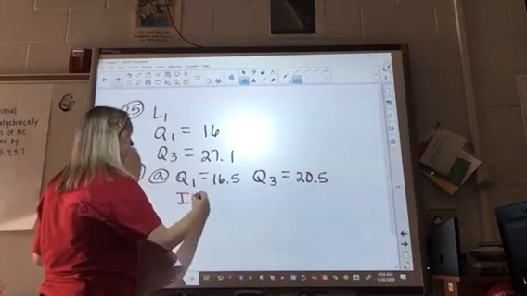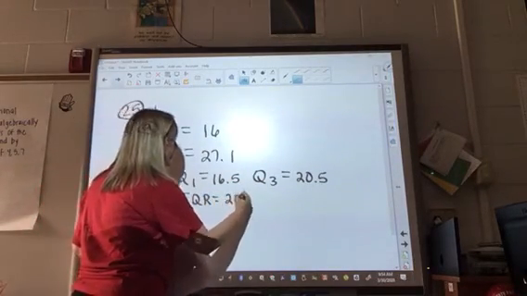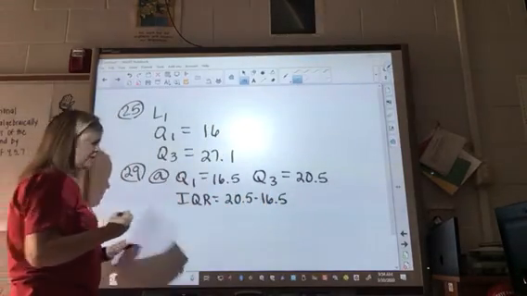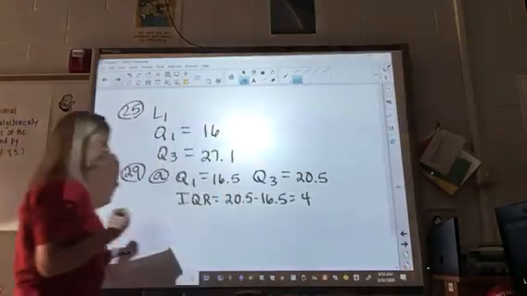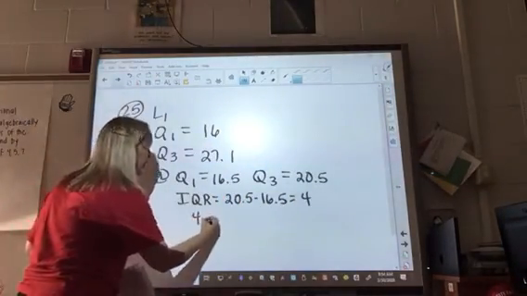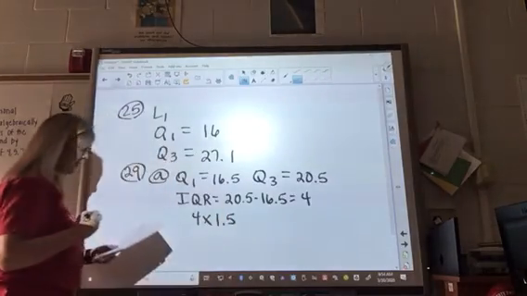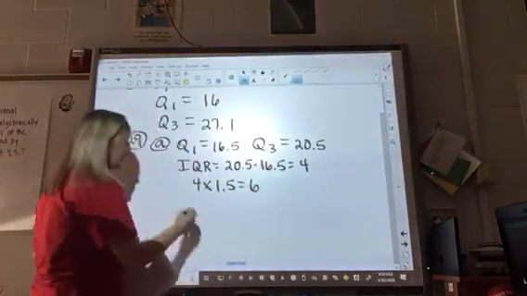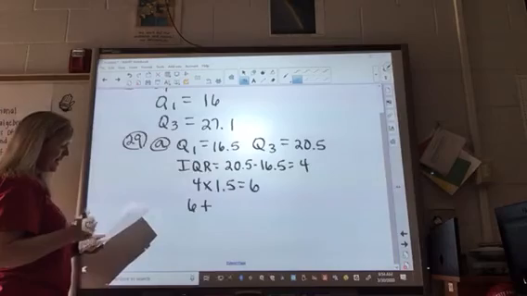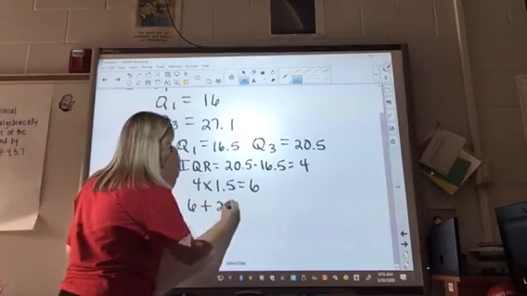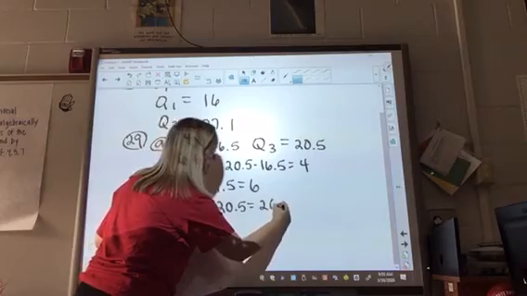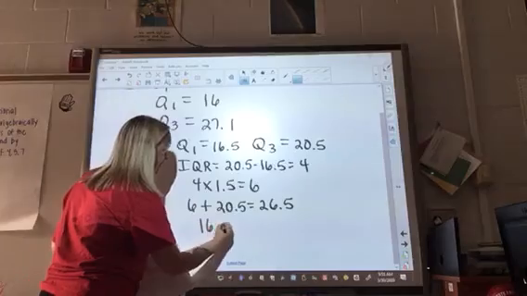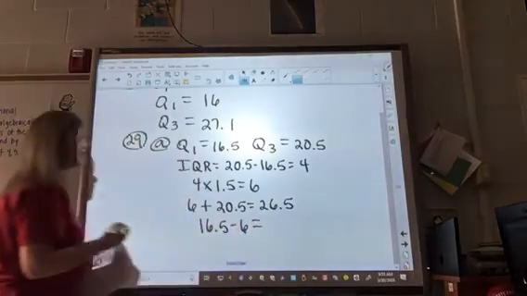Next, I have to find the interquartile range. So I subtract those, which is going to be 4. I take that number and multiply by 1.5. Then I take that number and add it to Q sub 3, and subtract that number from Q sub 1.